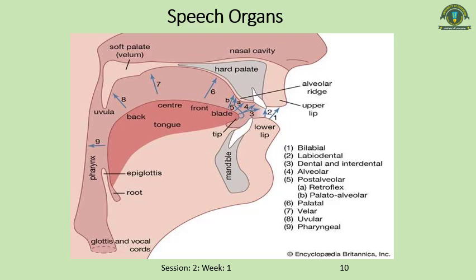In your own language, you people call it talu. One part of your talu, what we call alveolar ridge, is hard. The other one is soft. The hard part is known as hard palate. You can see that. And the soft part is known as soft palate, and it is also known as velum.